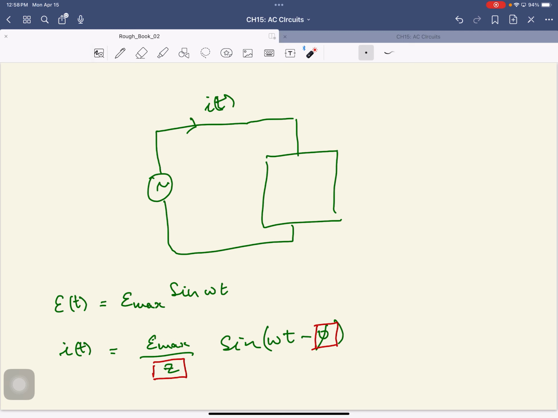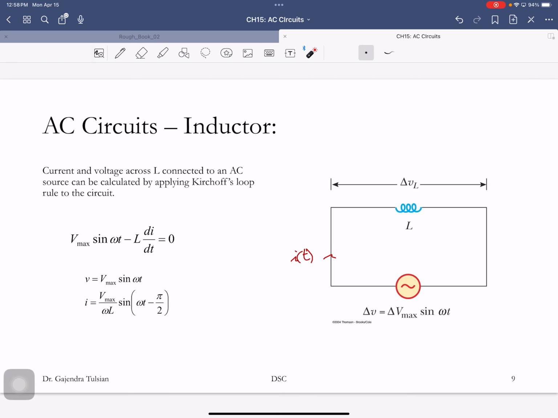All right, let's compare that to this equation. I(t) is Vmax over Z sine(omega t minus phi). If you compare this, you see Z, the resistance of this element, is omega L. And actually we give it a special name.